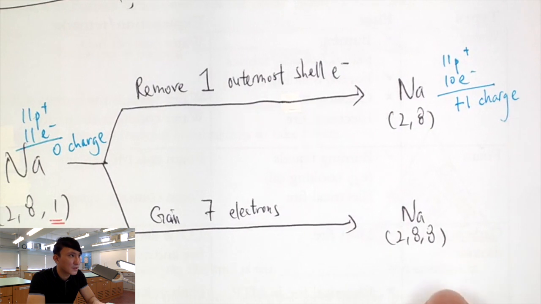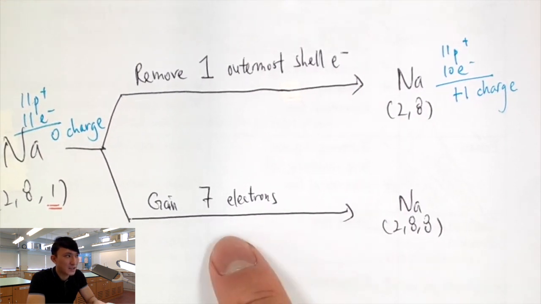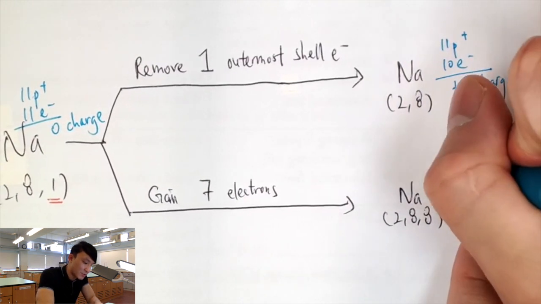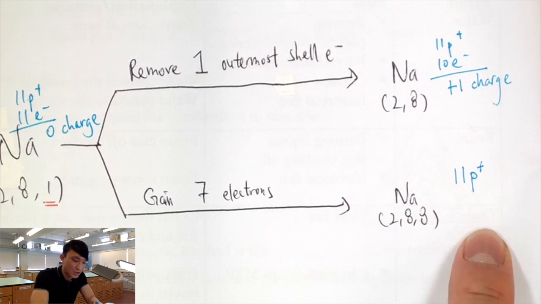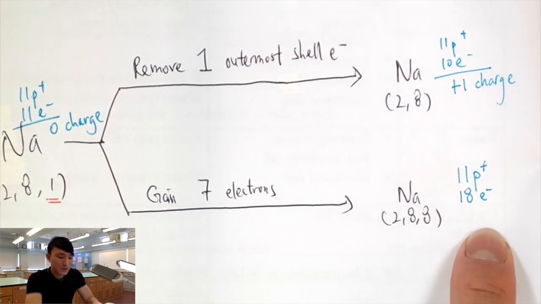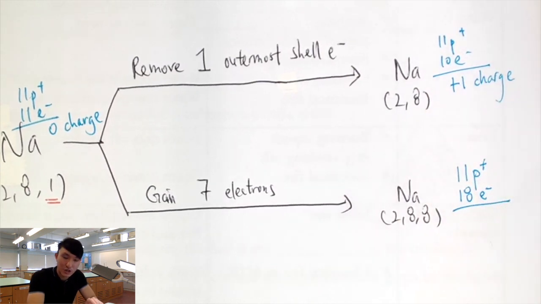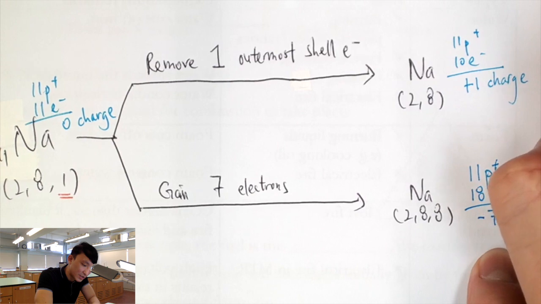Okay? So what about sodium here? If it gains 7 electrons, then now the proton number doesn't change, but after gaining 7 electrons, now it becomes 18 electrons, isn't it? So if you look into the overall charges, then it is negative 7 charge, isn't it?